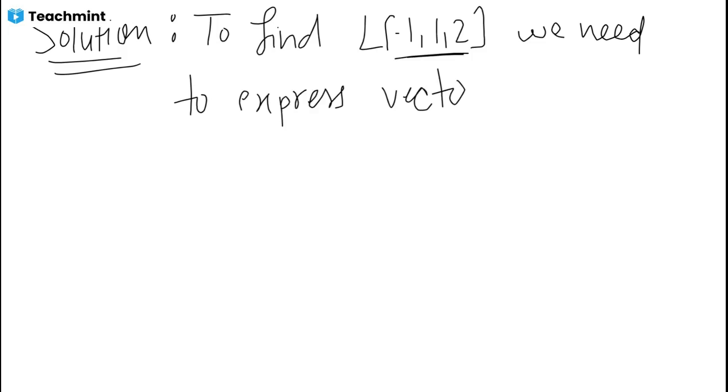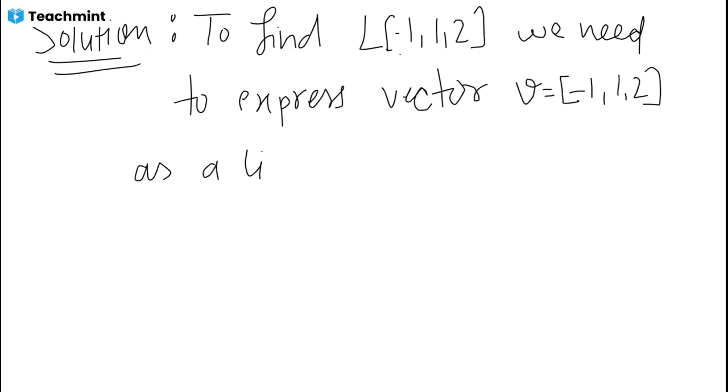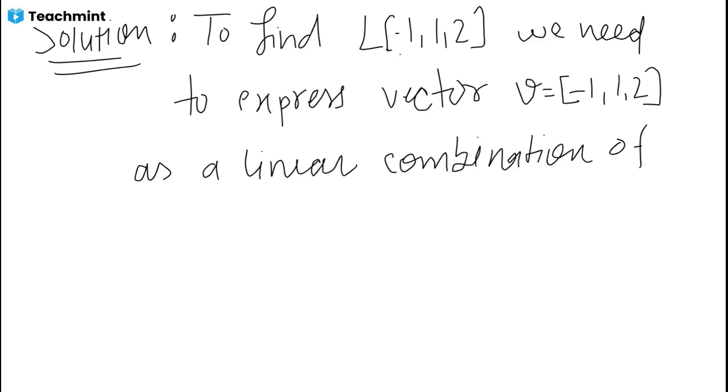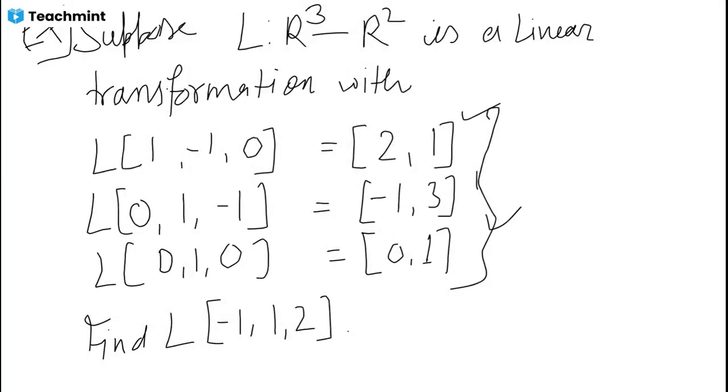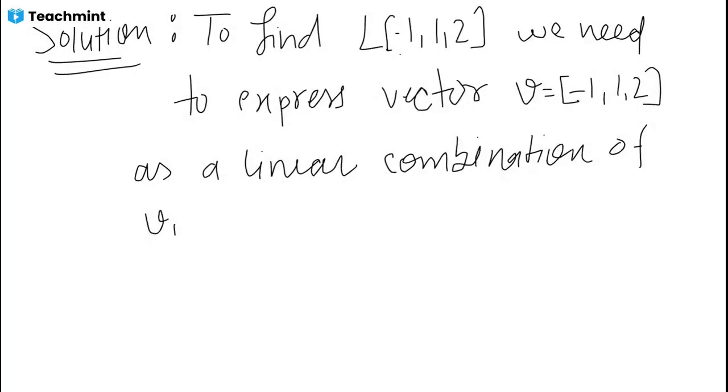We are taking as a vector v equal to (-1, 1, 2), and we want to express it as a linear combination of the given v1, v2, v3. Let us take v1 as (1, -1, 0), v2 as (0, 1, -1), and v3 as (0, 1, 0).